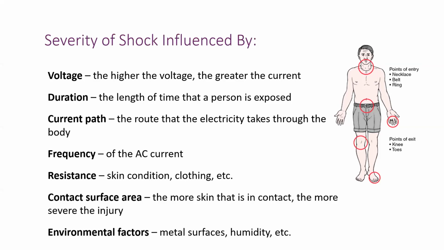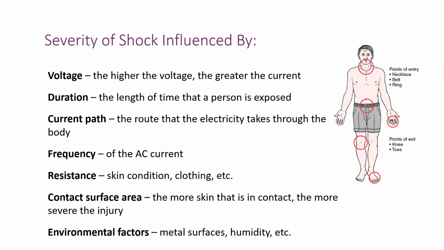Sometimes it enters from the right hand and goes out from the right or left leg. Sometimes it enters from the left hand and goes out from the right side. So we never know which path the electricity will take in our body. But the more electricity travels in our body, the more disaster and the more losses in our body.